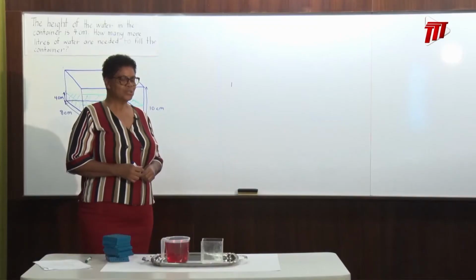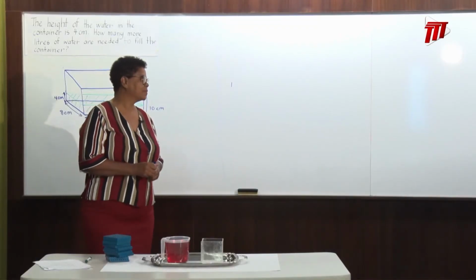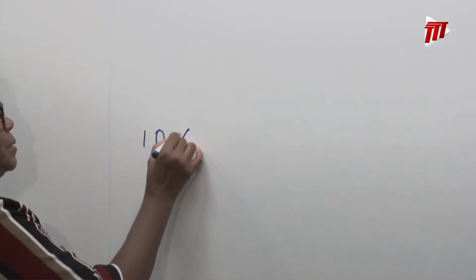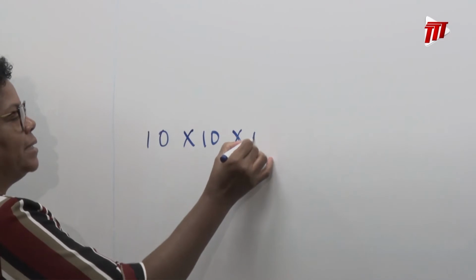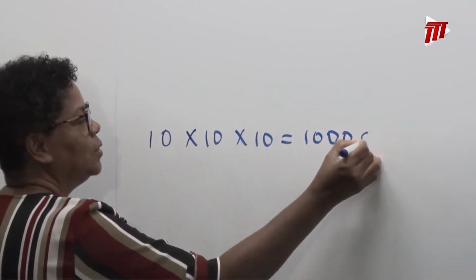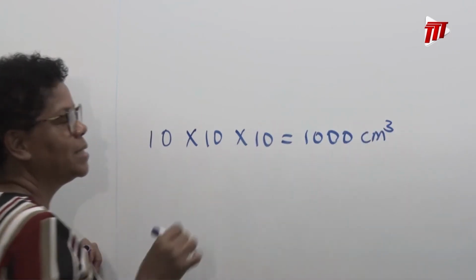So the volume of this cube is 10 multiplied by 10 multiplied by 10, which is 1,000 cubic centimeters.